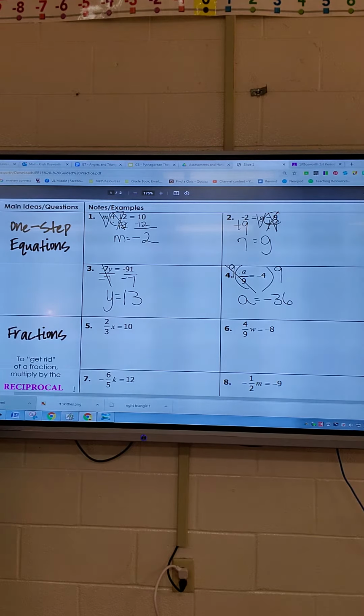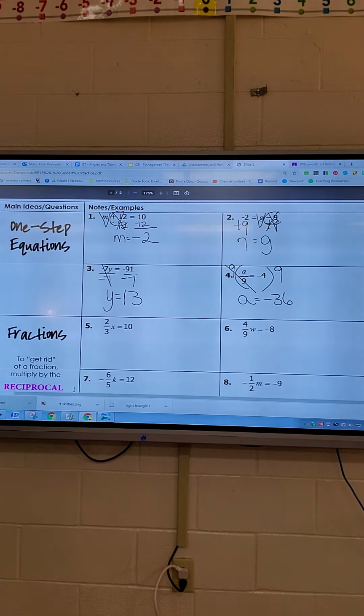Now, with these fractions, this says to multiply by the reciprocal. And in all honesty, we are going to do that, but really the calculator is going to do it for you. Because if I divide by a fraction, you know, you keep it, change it, flip it. If I divide by a fraction, I have to multiply by the reciprocal.